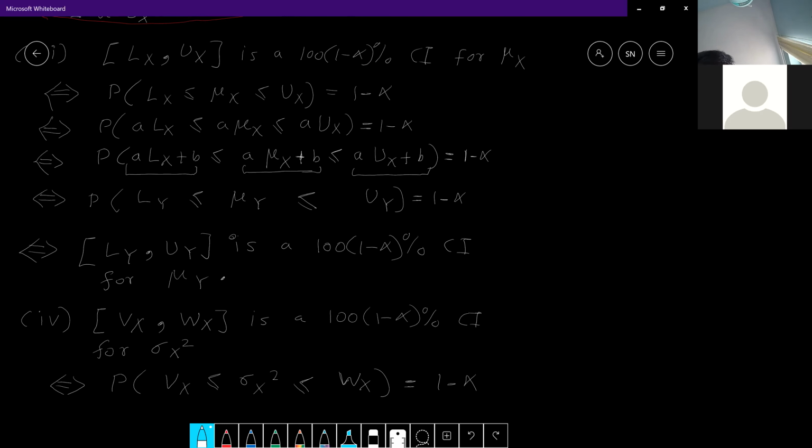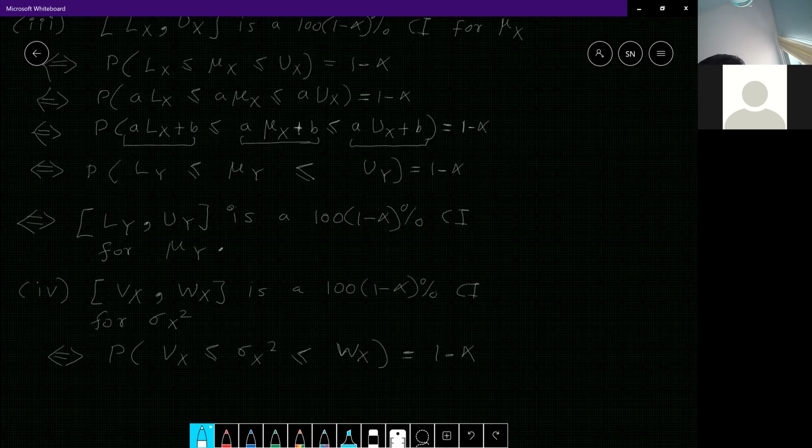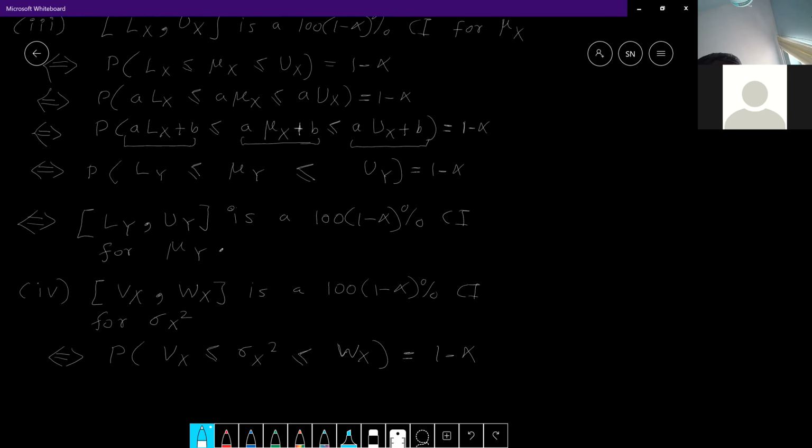Now, what I'm going to do here is I'm going to multiply everything within the brackets by a squared. So it will be a squared Vx less than or equal to a squared sigma x squared less than or equal to a squared Wx.